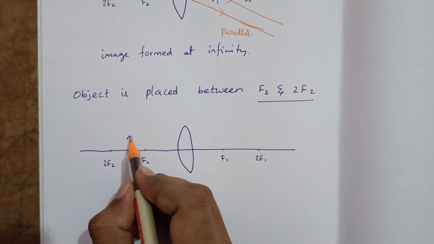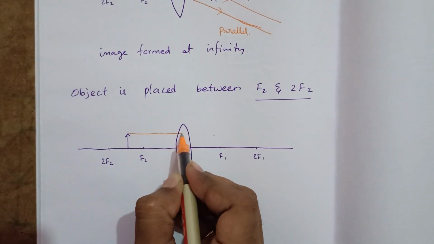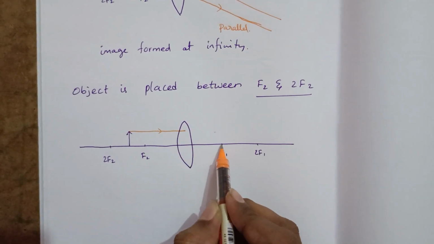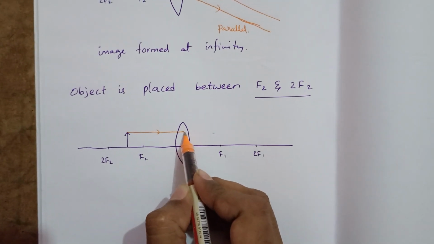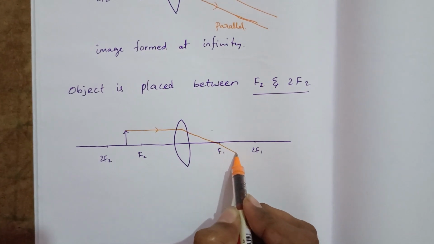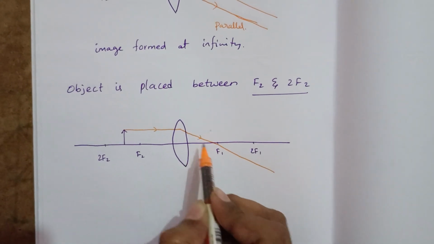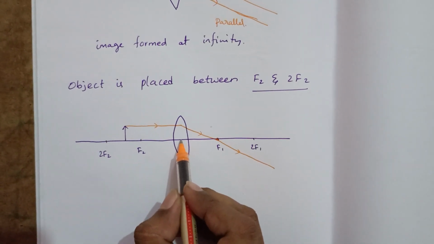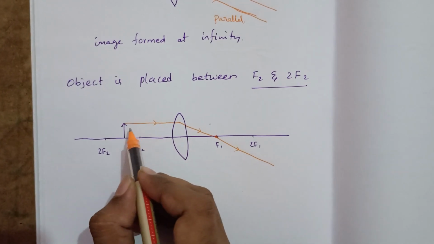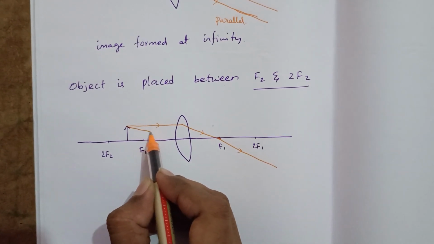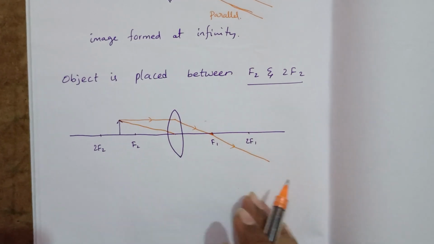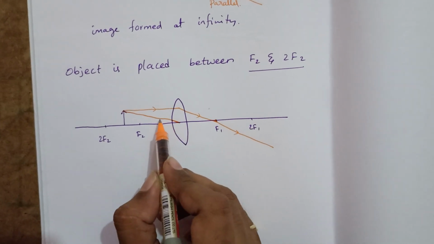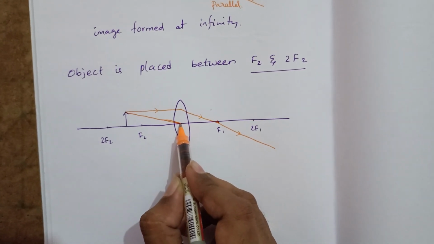One is passing parallel to the principal axis. The ray which is passing parallel to the principal axis, after refraction, passes through focus. Now another ray I am taking passing through optic center. The ray which is passing through optic center travels without any deviation.